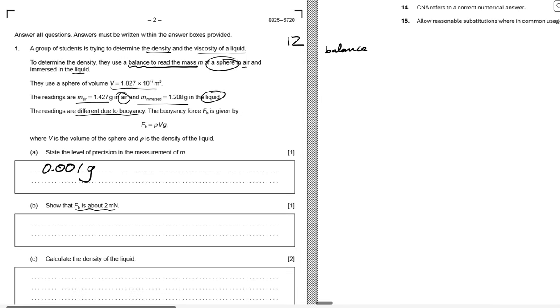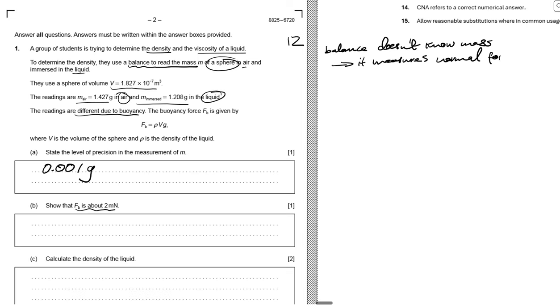The balance doesn't know mass. It measures the normal force that it exerts, right? It exerts a normal force on that object. So let's draw a diagram just to visualize that.